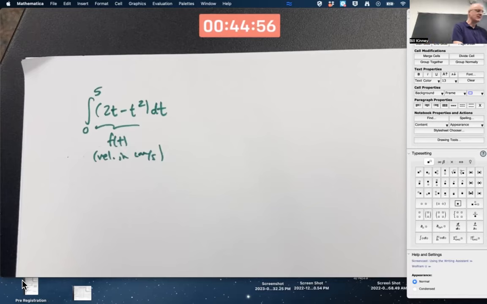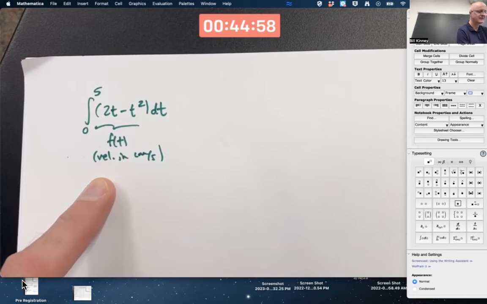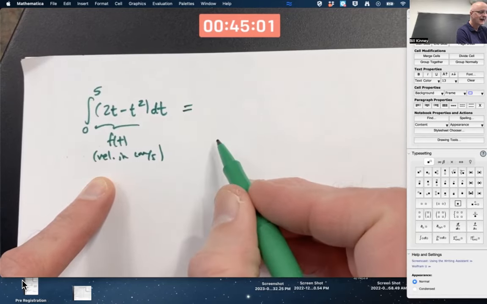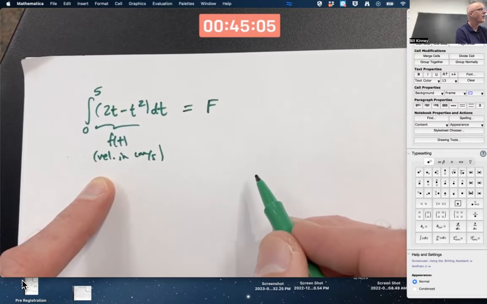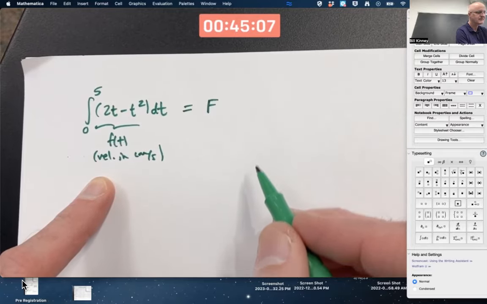So where was I going? Oh, okay, we're going to evaluate this with the fundamental theorem of calculus. I need a capital F. Capital F is standard notation for an antiderivative of little f.